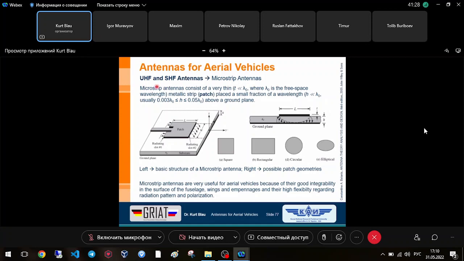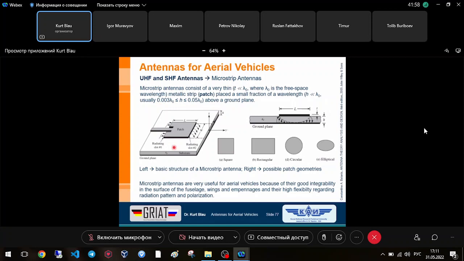You can see that the thickness of this dielectric material substrate, it's here given by the thickness T, is normally very, very small in comparison with the wavelengths. The wavelengths here are given in free space wavelength, it's clear.